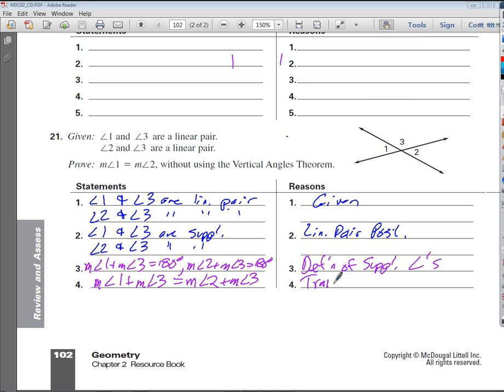We'll just call it transitive, but either one would have worked. And then what would my last step be? Subtraction, yeah. Subtract the measure of angle 3 from both sides, and I get the measure of angle 1 equals the measure of angle 2 by subtraction property. Had that one been done completely, I would have given you full credit for that one also.